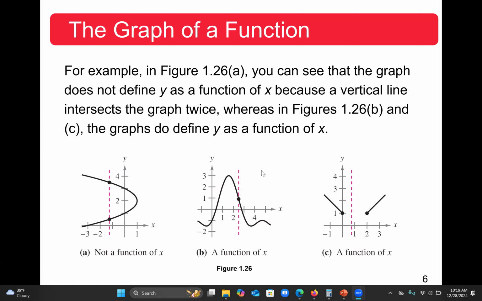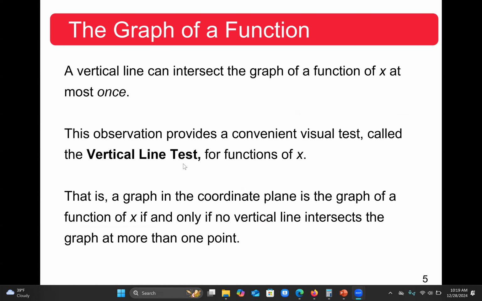So that's the whole concept, a vertical line test to check if a graph is a function. At most, we have to have only one intersection. A vertical line can intersect a graph of a function of x at most once.